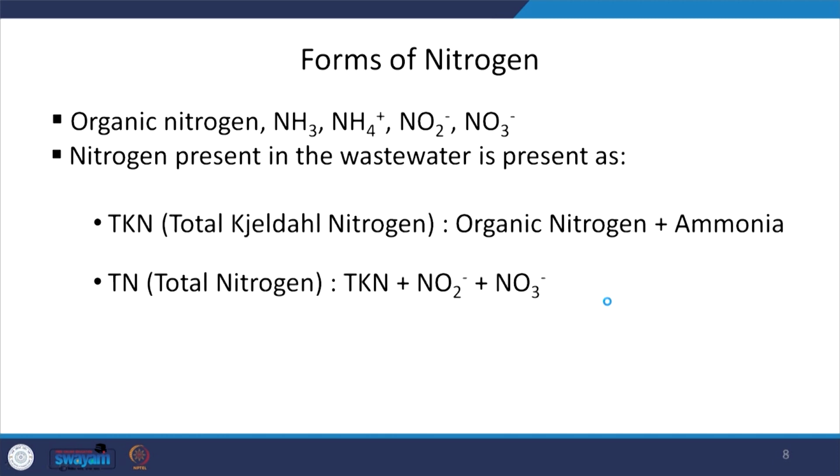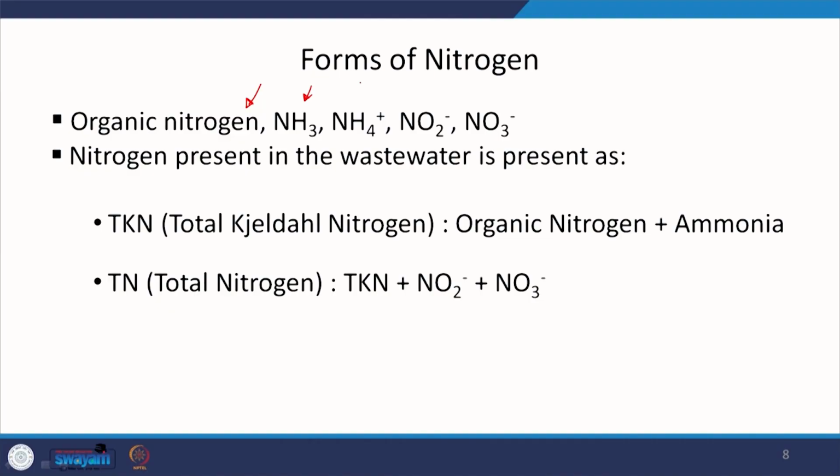So, first, nitrogen removal. What are the forms of nitrogen? We already discussed this in, I believe, one of the earlier sessions, but a quick recap. We have organically bound nitrogen, nitrogen that is bound to organic compounds, and NH3 and NH4+.